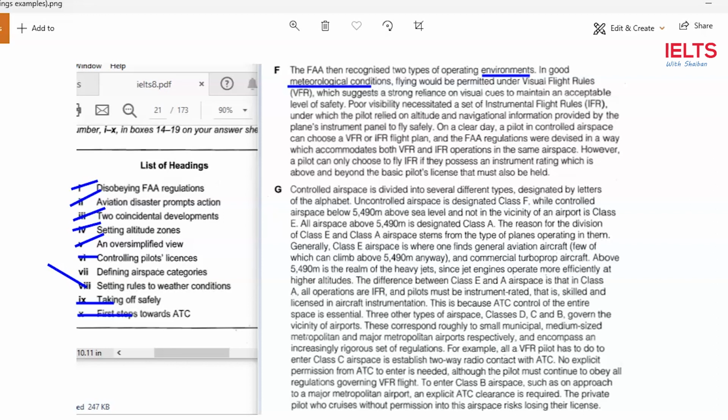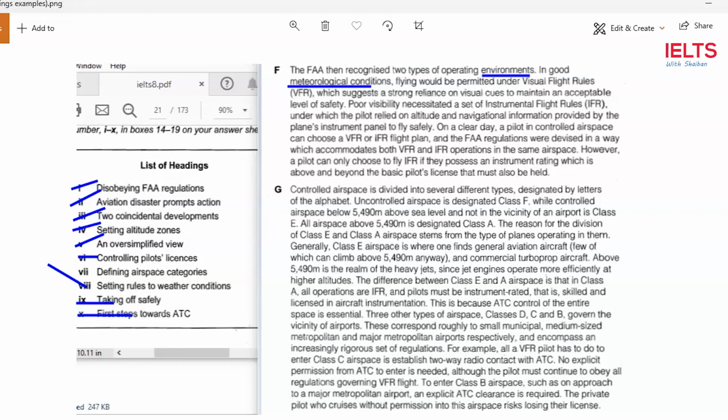Controlled airspace is divided into several different types designated by letters of the alphabet.